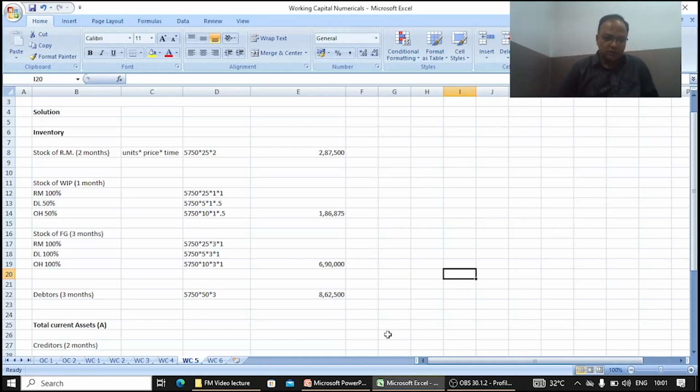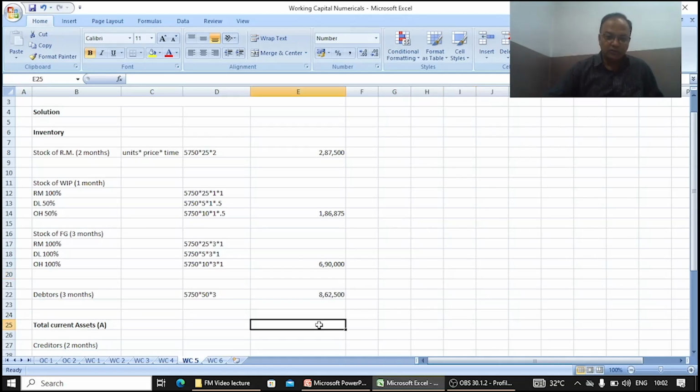Now the total of current assets will be 862,500 plus 690,000 plus 186,875 plus 287,500.